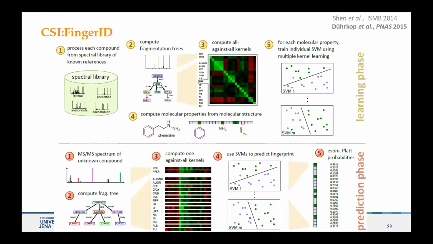This is how the method looks in detail. I will not explain this now. I just want to let you know this machine learning method is trained on spectral libraries. So also for in silico methods like CSI FingerID, spectral libraries are super important. Back when CSI FingerID was published, it used a support vector machine for the predictions.